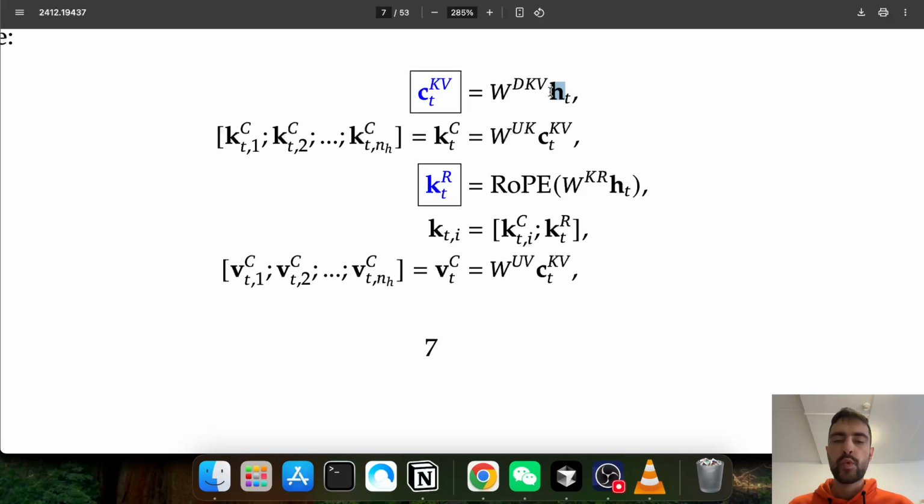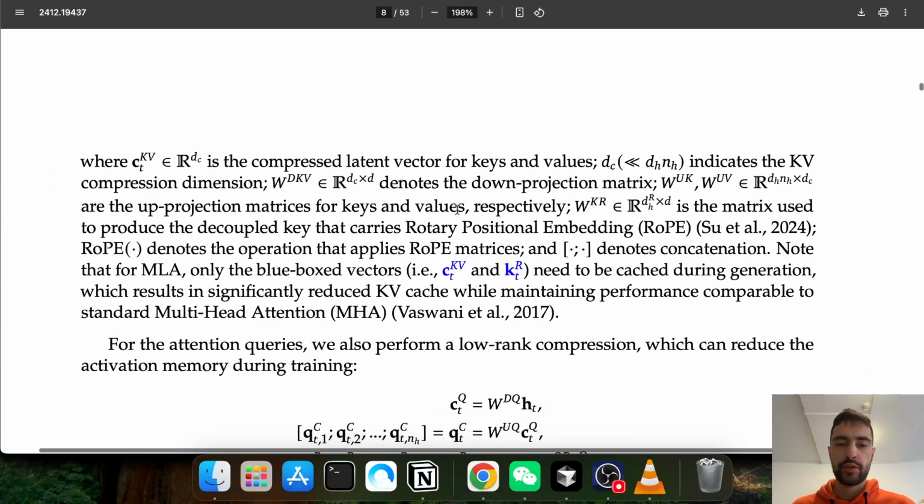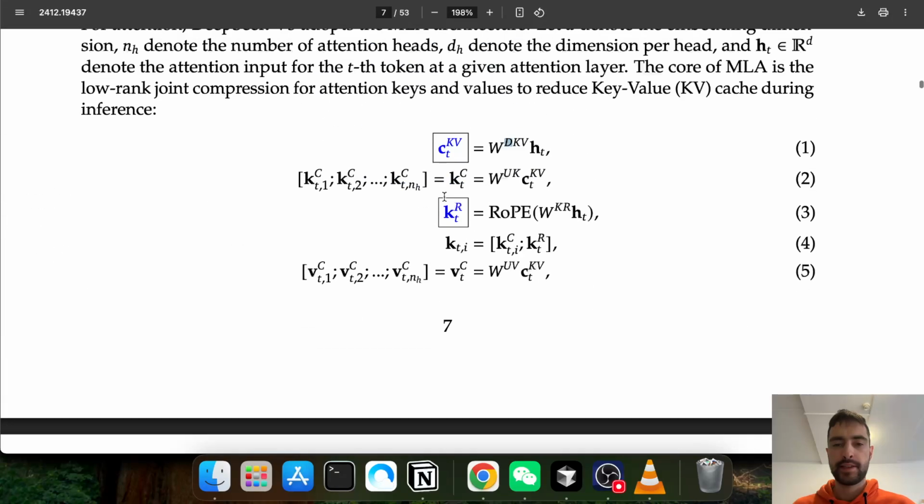And then we multiply that embedding vector with some matrix. Now what is this matrix and what does it do? Down, key, value. So when you see the word down, which you can read about here, this is where they explain that this is down.